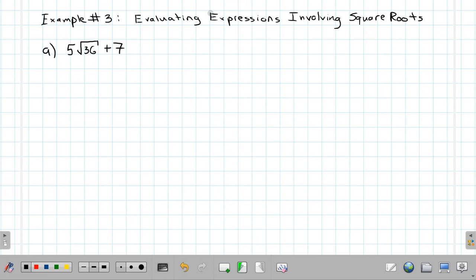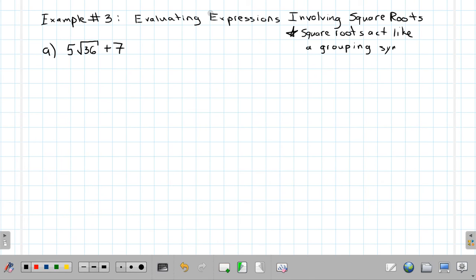So when you're evaluating expressions involving square roots, there's one thing that you need to remember. Square roots act like a grouping symbol. So it kind of acts like a set of parentheses, okay?